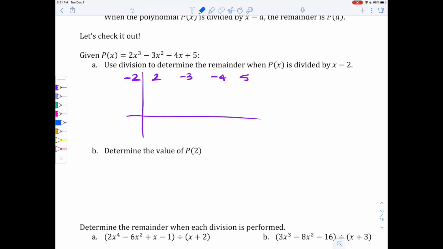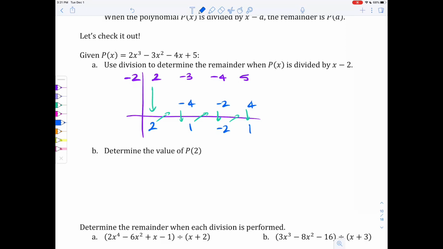As this goes along, we bring this 2 down, multiply, subtract, multiply, subtract, multiply again, and then subtract, which leaves us there.